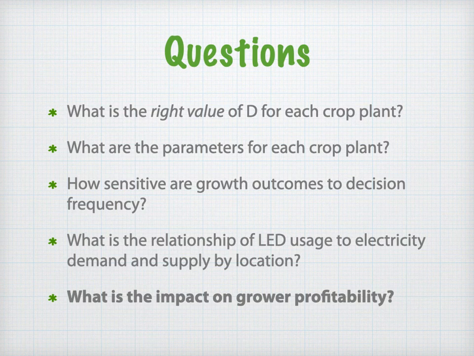We also need to understand how sensitive the growth outcome is to decision frequency. In the final simulation model that I showed you, we made decisions every 2 minutes. Is this frequent enough? Or could we get away with making decisions every 30 minutes or every 60 minutes?